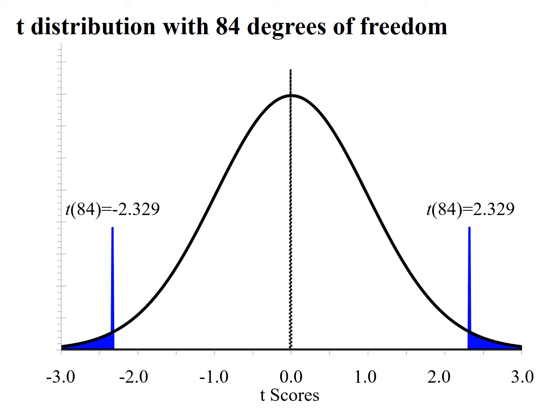Those are reflected in the blue shaded areas here, and a quick check using Excel or some calculator tells us that it translates to an area of 0.011 in each tail. We then combine these to get our p-value of 0.011 plus 0.011, or p equals 0.022.